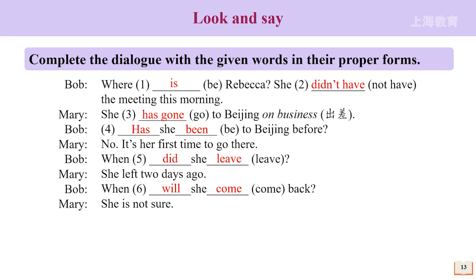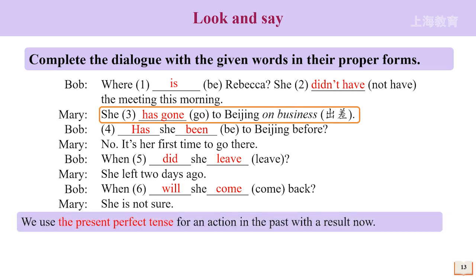Please pay attention to blank 3. We use the present perfect tense for an action in the past with a result now. She has gone to Beijing on business. Mary uses has gone to because Rebecca hasn't come back yet.